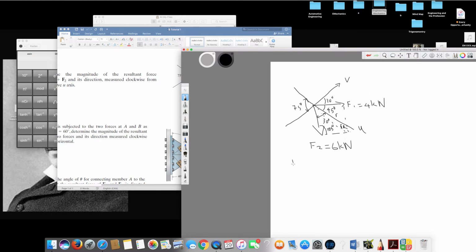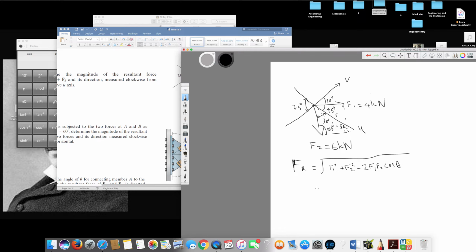So according to the cosine law, FR is equal to the square root of F1 squared plus F2 squared minus 2 F1 F2 cos theta.